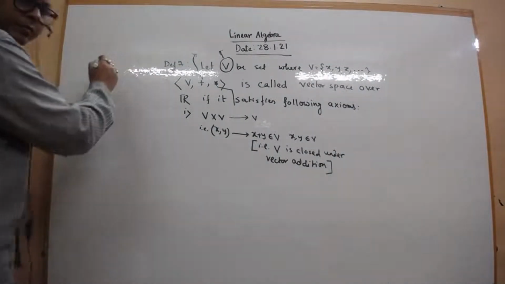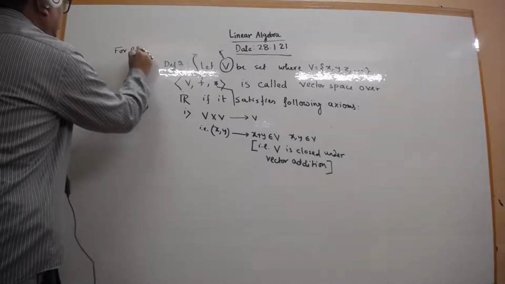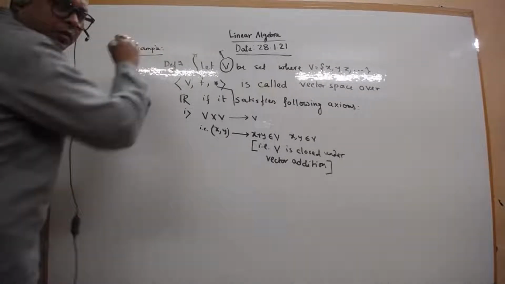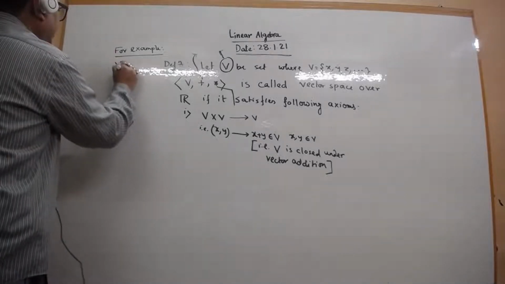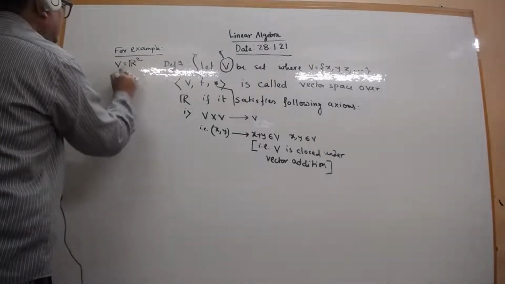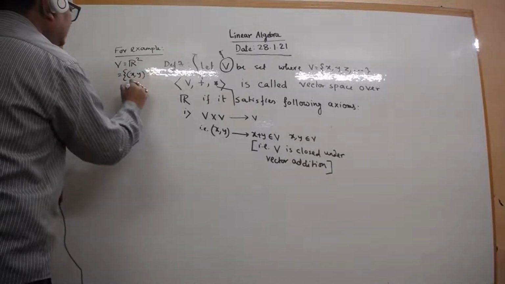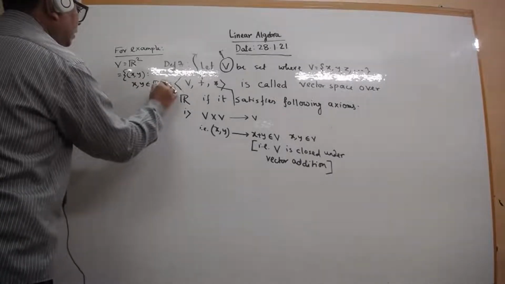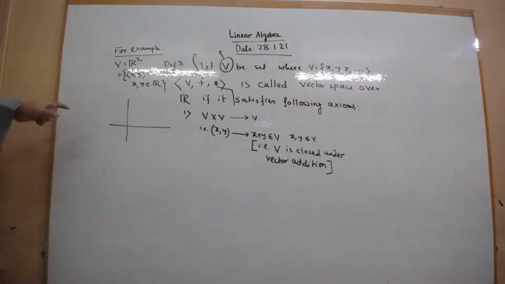So, for example, suppose I take V equal to R square. So this is a collection of (x, y) such that x, y belong to R. That means any point in two-dimensional space.